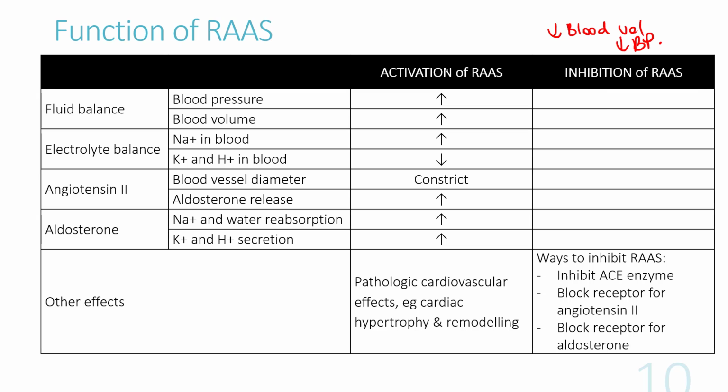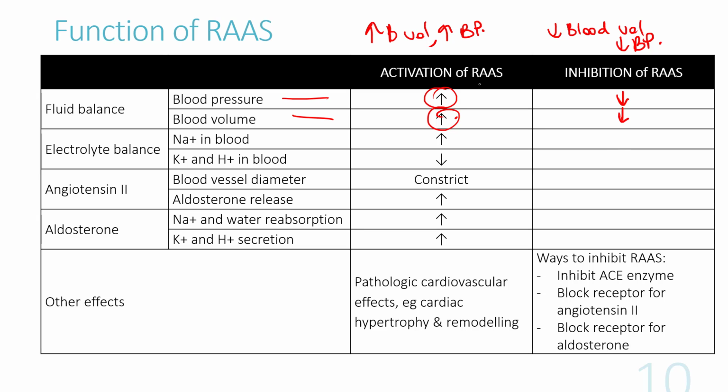Because as I said, the result of activating the renin-angiotensin-aldosterone system is to increase blood volume, which then increases blood pressure. All right, so if you activate the RAAS, the effect on blood pressure and blood volume is to increase both, and so when you inhibit it, you decrease both, right?